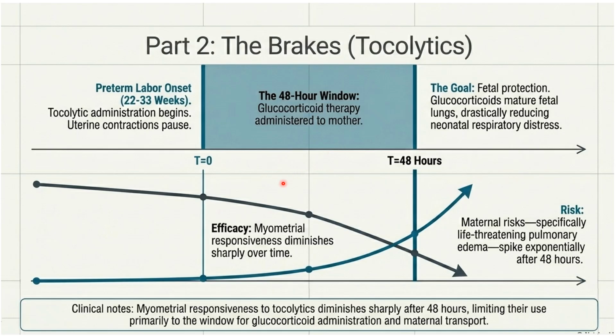So as we can see, after we give a tocolytic agent, the efficacy of myometrial responsiveness, or the efficacy of the tocolytic agent, starts to diminish. That's why we use it only for this window of 48 hours or 2 days. Furthermore, there is a higher risk to the mother after 48 hours.